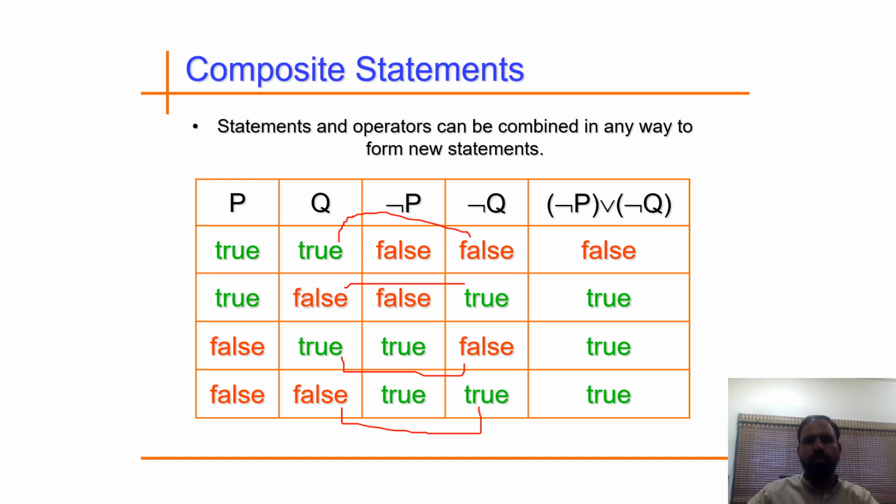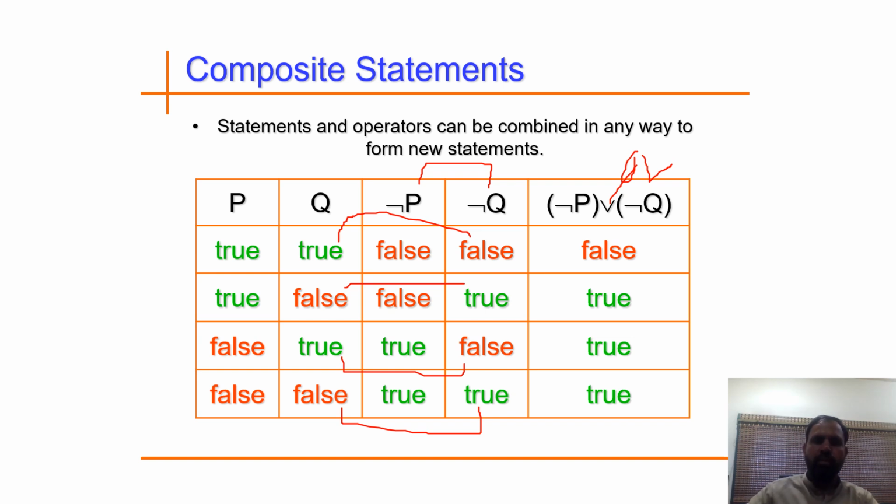Now we combine these two columns, negation P and negation Q, with OR. This is OR. If both are false, then this will be false. If one is false and the other is true, we already discussed that it will be true.